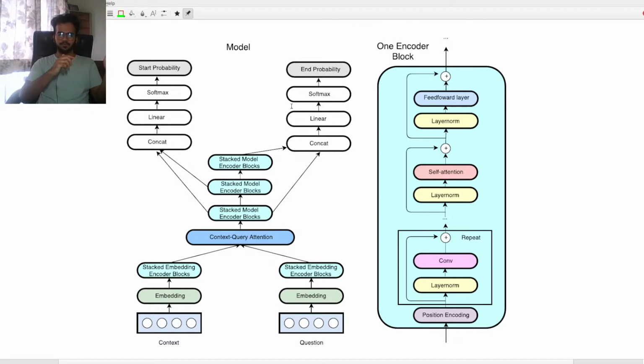Whenever the start probability is highest for the zero index and the end probability is also highest for the zero index, so both are equal to 0, only then we'll say that there is no answer in the comprehension.